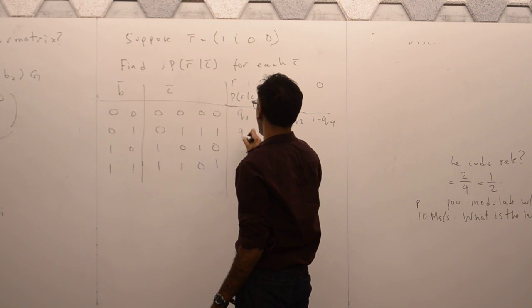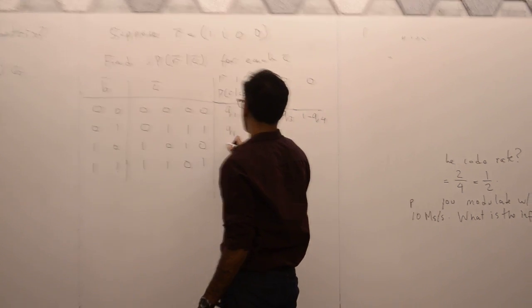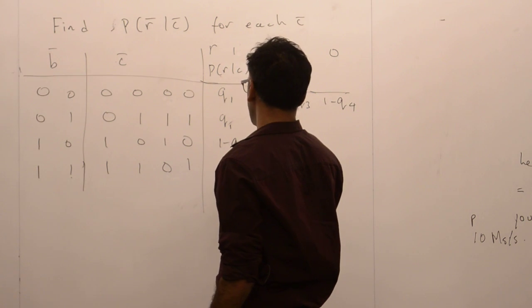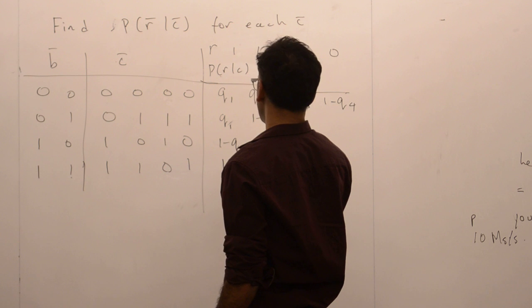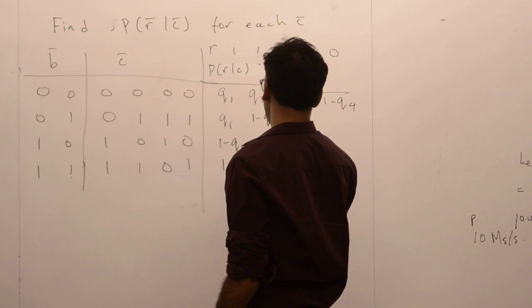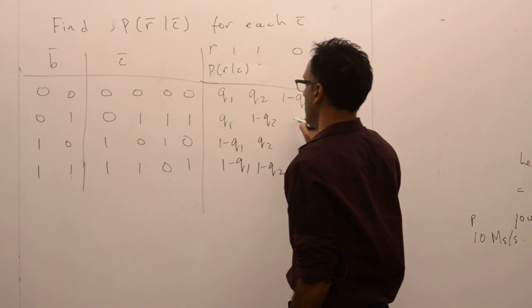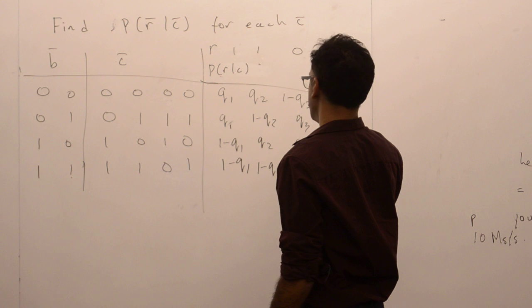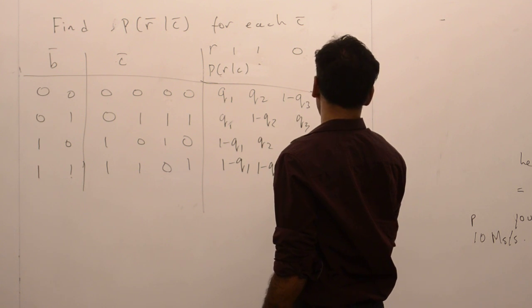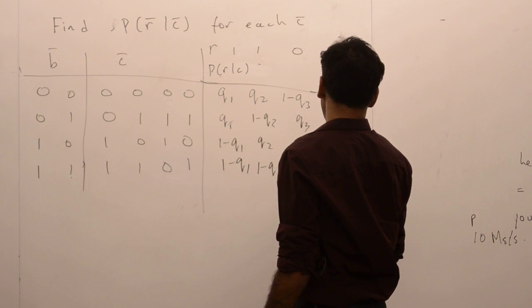So this one's Q1, and this will be 1 minus Q1, 1 minus Q1. This will be 1 minus Q2, Q2, 1 minus Q2, etc. And then Q3, Q3, 1 minus Q3, and this will be Q4, 1 minus Q4, and Q4.